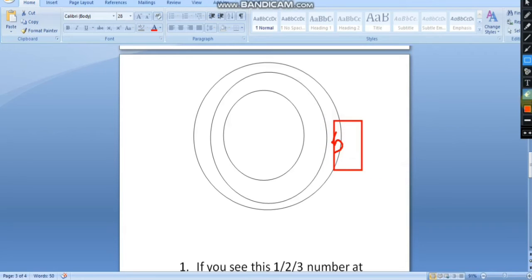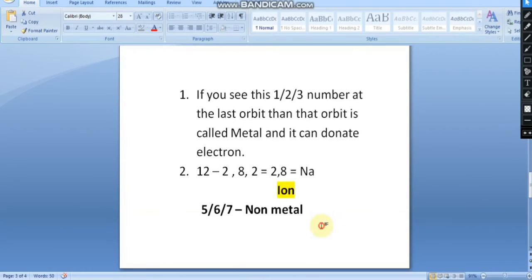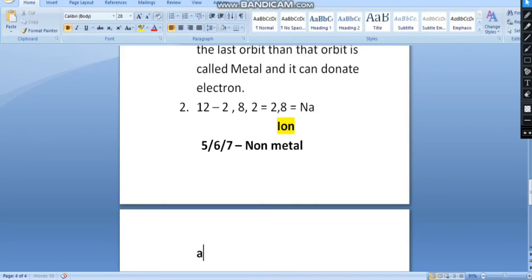Now let me write it. Suppose, do you remember magnesium? How many electrons does the magnesium consist of? Let all of us know it. Now a magnesium atom consists of 17 electrons.